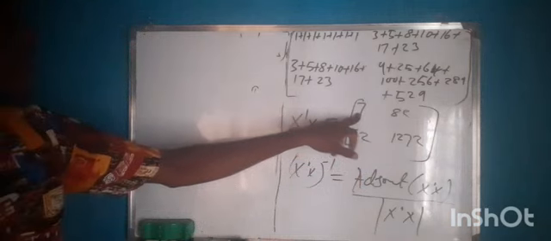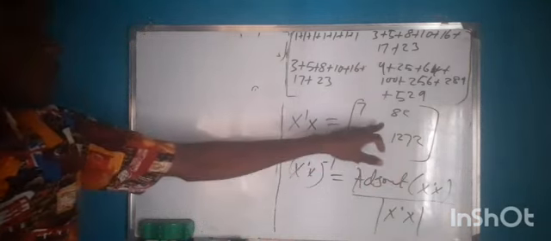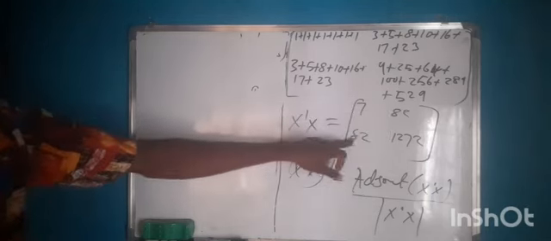The determinant of this, this is a 2 by 2 matrix. For you to get the determinant of this 2 by 2 matrix, you multiply this 7 by this and subtract it by this multiplied by this.